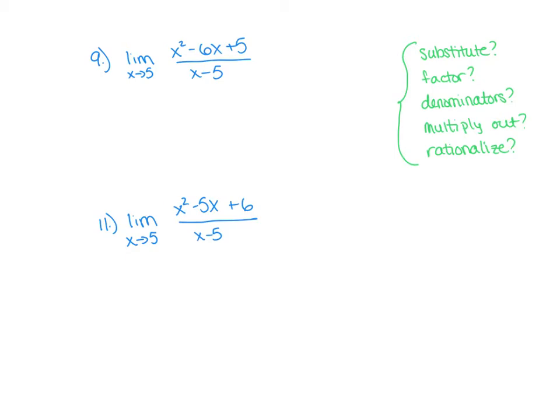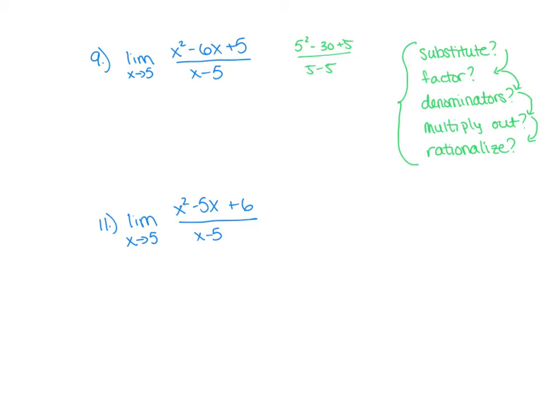On number 9, if we plug in 5 for x, and this is something that ultimately we want to do in our heads, but if I just jot it down, so 5 squared minus 6 times 5 is 30 plus 5 over 5 minus 5. So we do get 0 over 0, which means that we need to start moving down this little hierarchy of limit strategies.